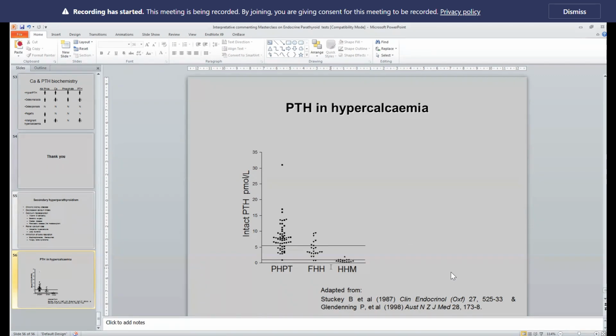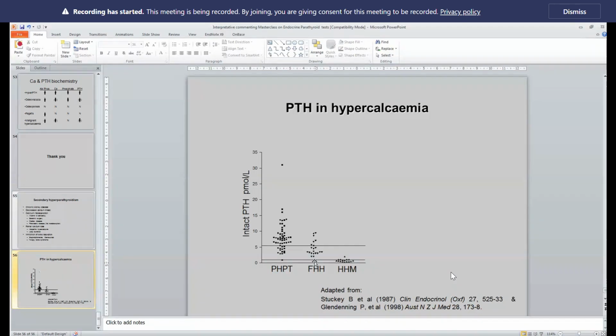In humoral hypercalcemia of malignancy, you can see clearly suppressed PTH or at the lower third of the reference interval. And then familial hypocalciuric hypercalcemia, where the PTH is only slightly raised or generally not suppressed, usually within the reference interval.